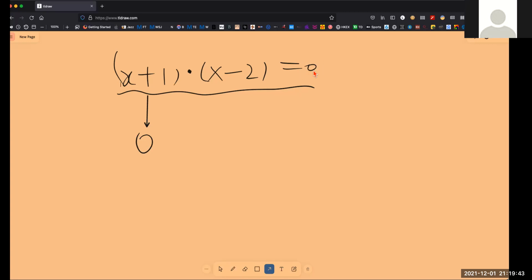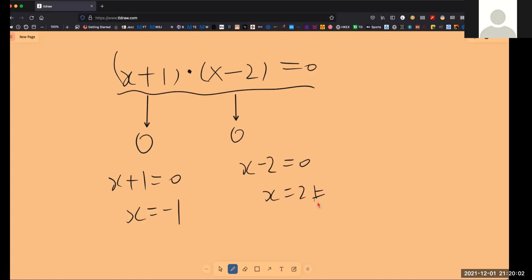Why? Because this is 0, right? So you just equate this to 0. If you equate the first one to 0, you will get x equals to -1. And if we equate the second one to 0, you will get x equals to 2. So you found 2 answers for x.